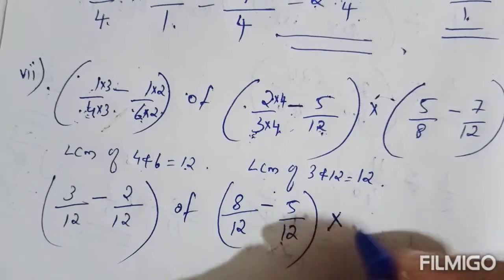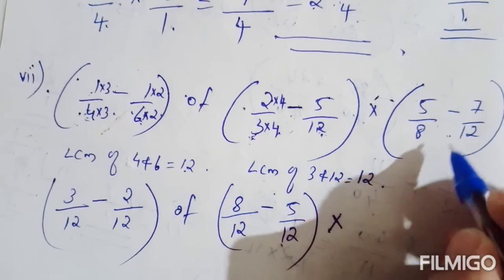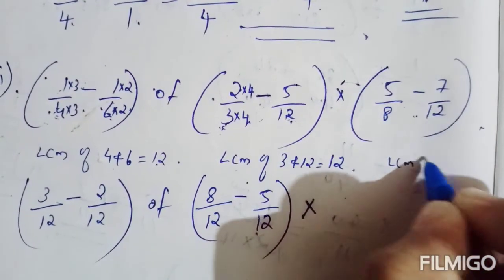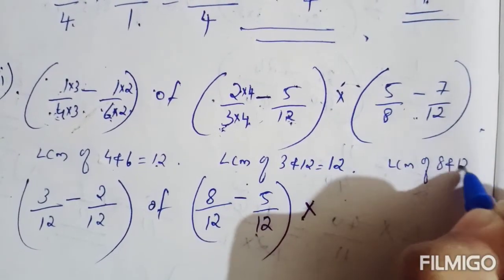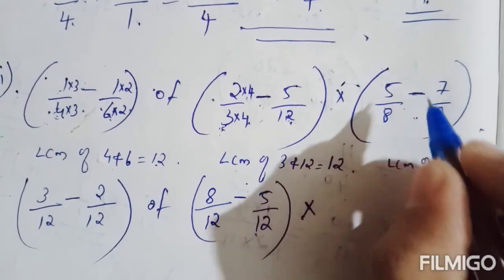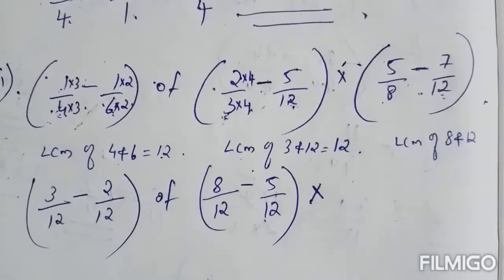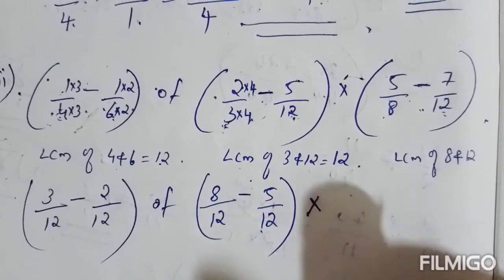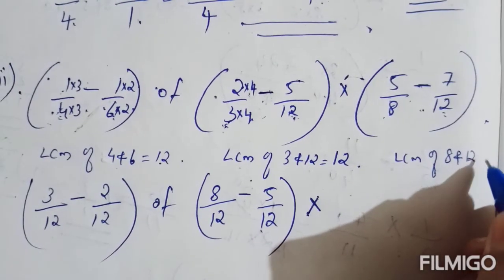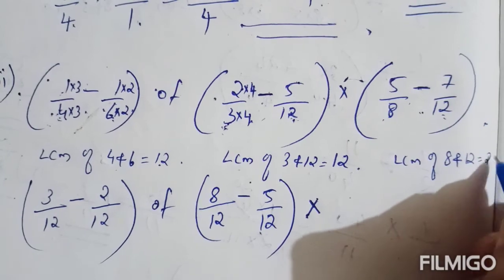Next, the last bracket. LCM of 8 and 12. Here also subtraction you have to do. Denominators are different. So you have to take LCM and make the denominator the same. LCM of 8 and 12 is 24.